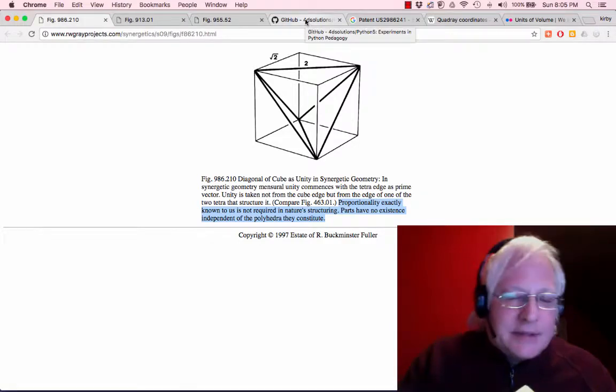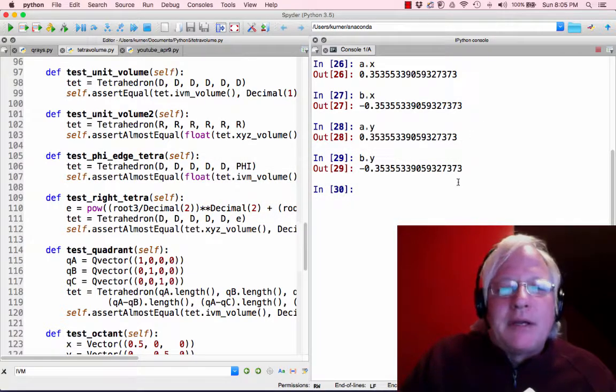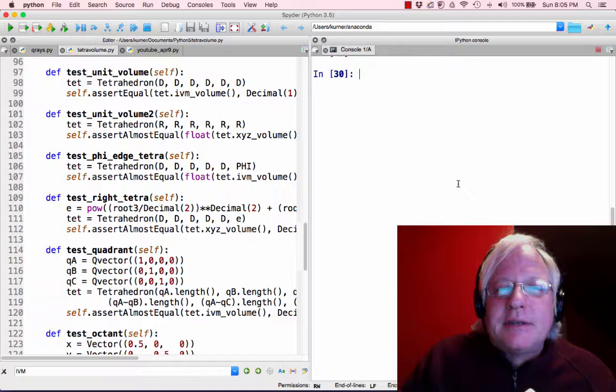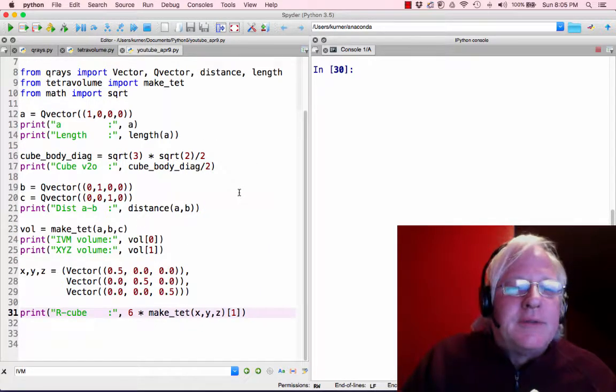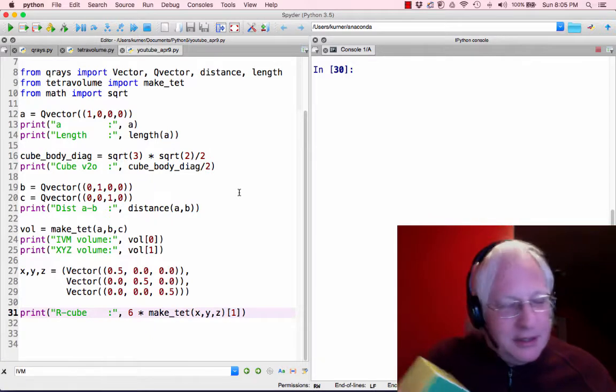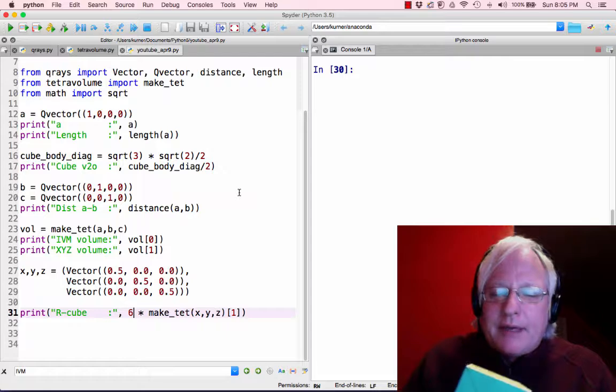So let's look at Quadrays. I've already been running this as a test, trying to get this to work properly for tonight's little investigation. I'm just going to suggest a way of getting started.